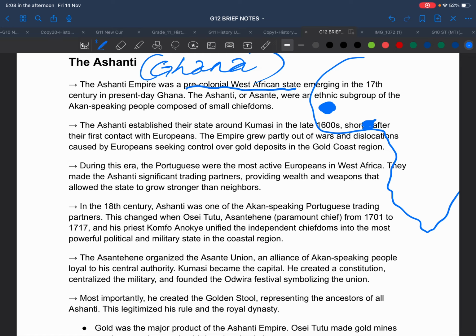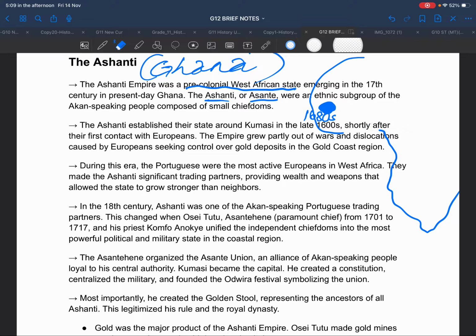These small chiefdoms merged, and we call them the Ashanti or Asante people. The Ashanti established their state around Kumasi in the late 1600s, meaning the 1680s, 1690s, like that.